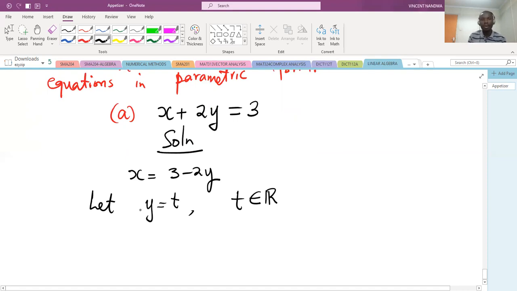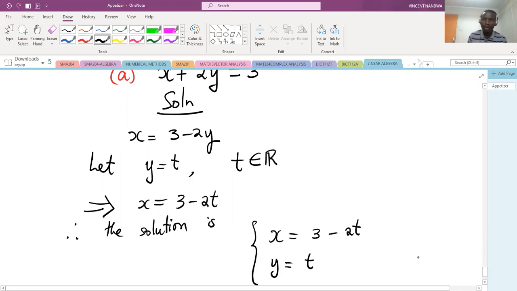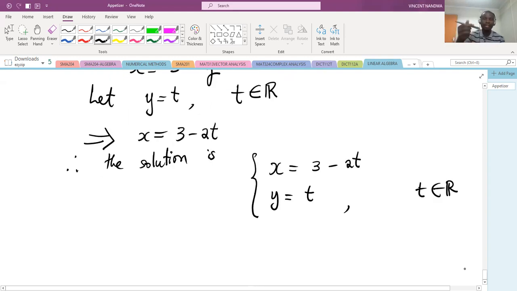Then x equals 3 minus 2y implies that x will be 3 minus 2t, because y is t. So therefore, the solution is x equals 3 minus 2t, and y is t, where t is a real number.